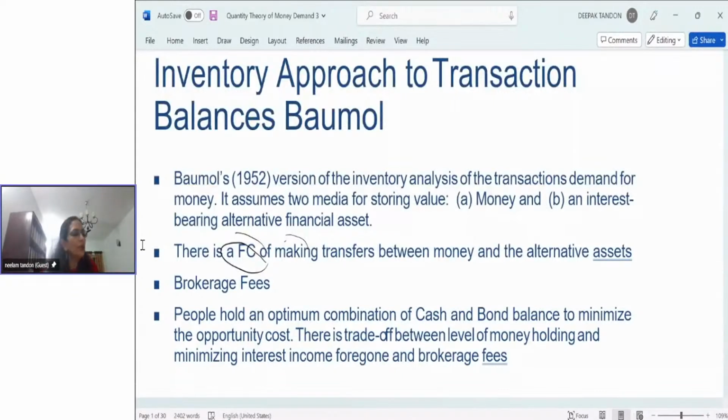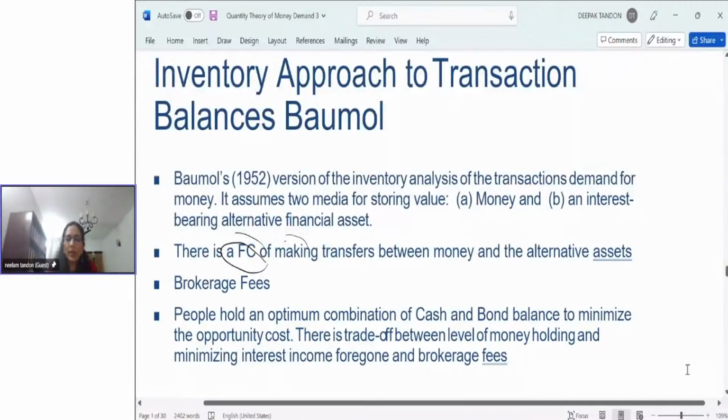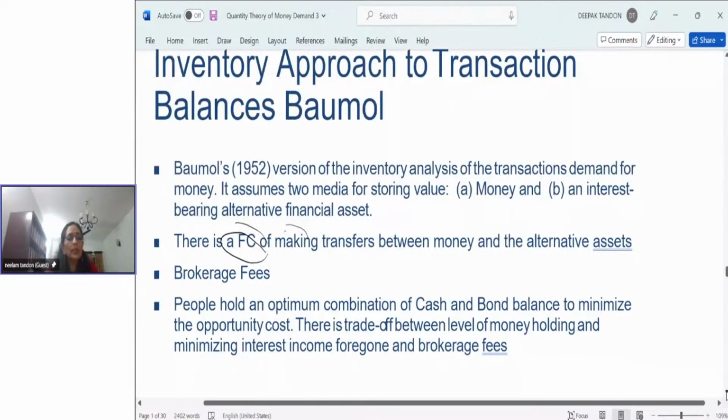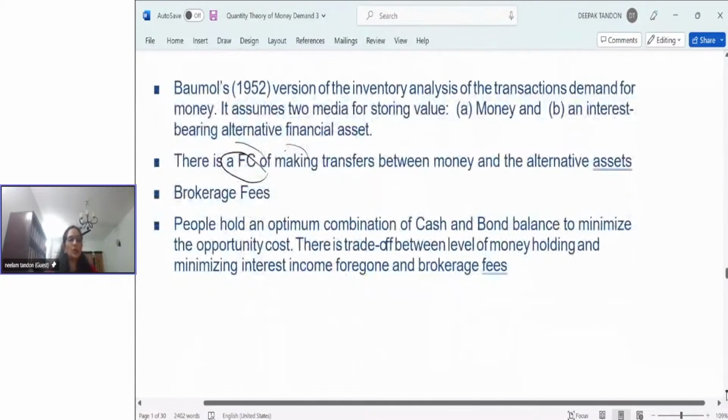If you do not go for investing, you're foregoing that much. That is a fixed cost. And then you have an alternative cost, the brokerage fees you have to pay for transferring. So he called this carrying cost. Carrying cost is the cost of not investing and keeping your cash rather than investing in bonds.